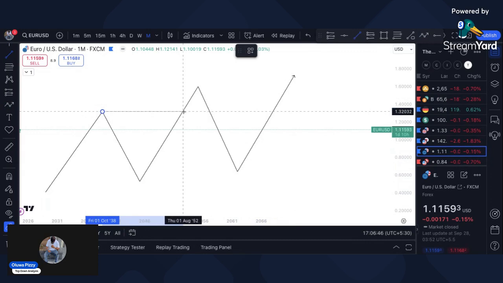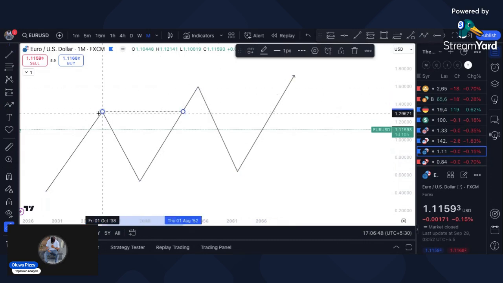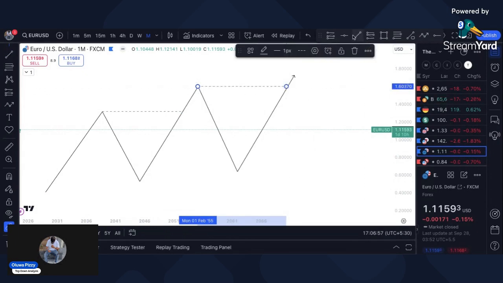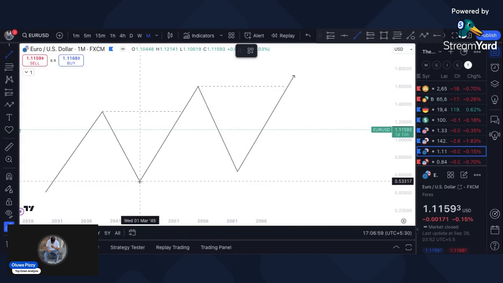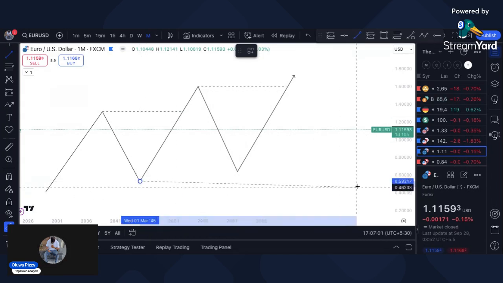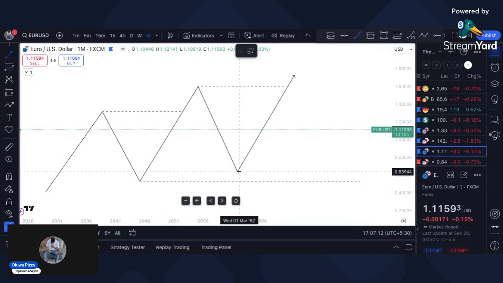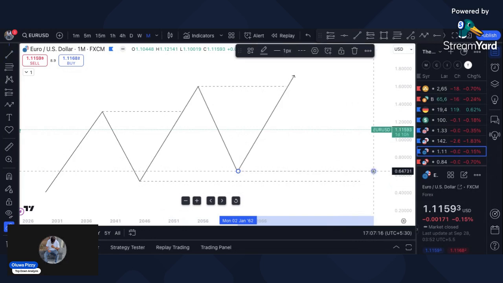This high is higher than this, and this high is higher than this. I hope you guys are following. If you can see, this is a low. This low is lower than this, and so on and so forth. It's the same thing in the downtrend.